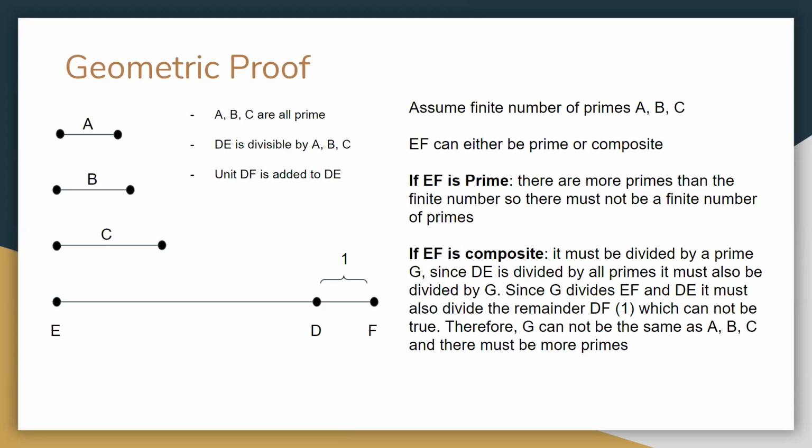If it's composite, it has to be divided by a prime number, which we will call G. Since DE is defined by being divisible by all prime numbers, it must also be divided by G. And since G divides EF and DE, it must also divide the remainder DF, which would be impossible because DF is 1, which cannot be divided by a prime number. So to make this work, G has to be a different prime number from A, B, and C, and so there must be more primes.